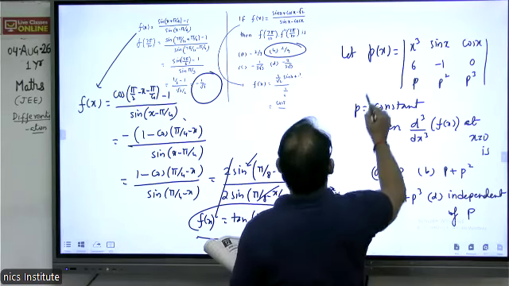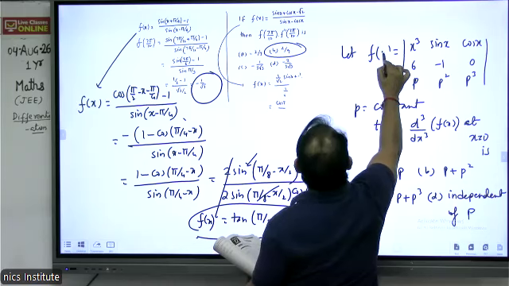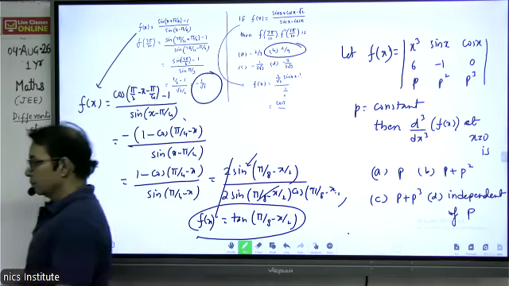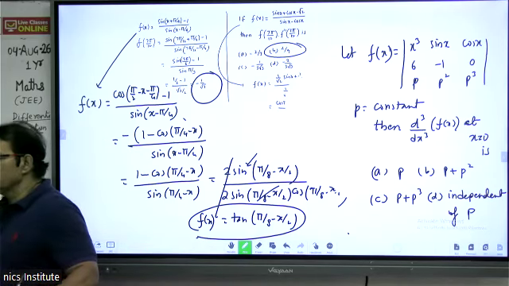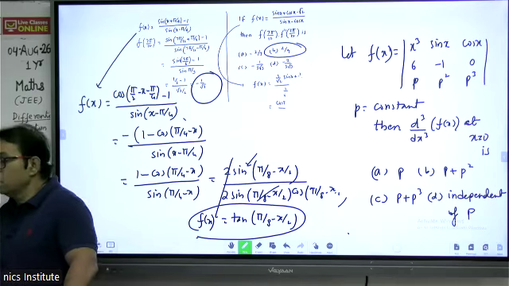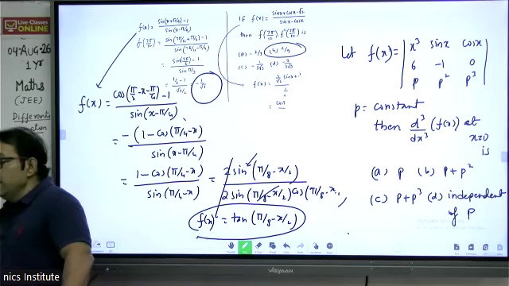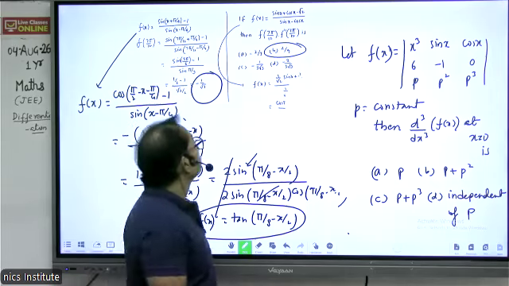This is fx. F of x is the determinant x cube, sin x, cos x; 6, minus 1, 0; p square, p cube. P is a constant. Then the third derivative of the function at x is equal to 0.